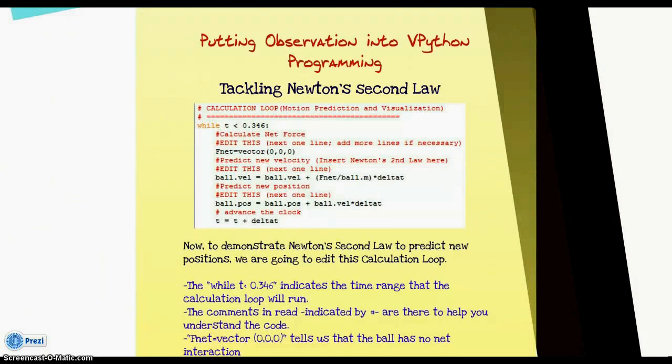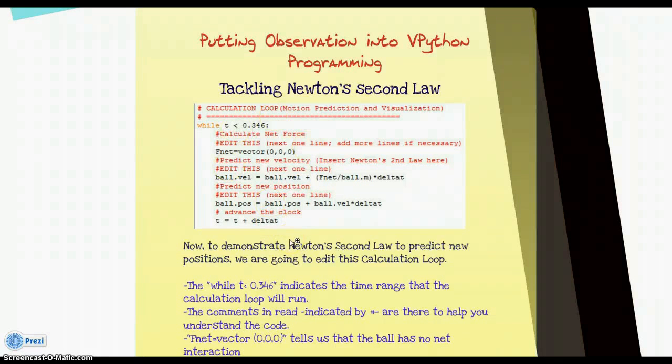Here, I would like to point out that after the while, you have the fnet vector and then the ball.vl, the ball velocity. Here we are applying Newton's second law to predict the new velocity, and then using that velocity to predict the new position. And then after the delta t time, we repeat the whole process.